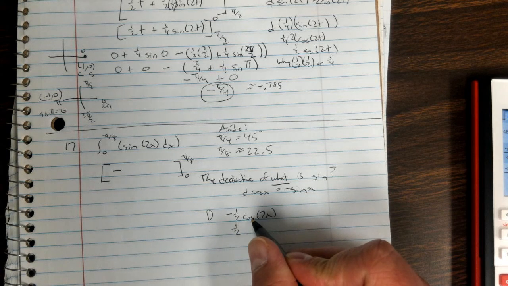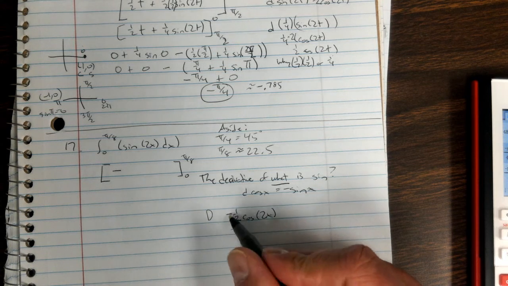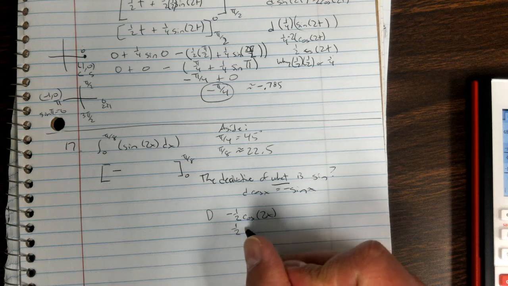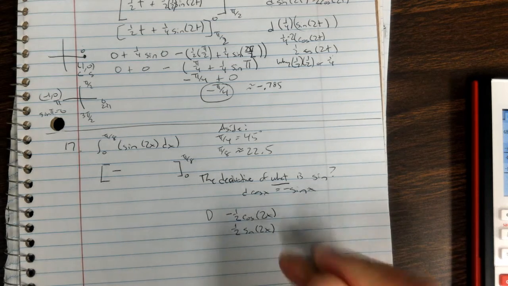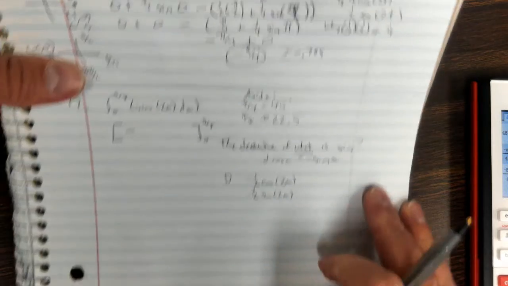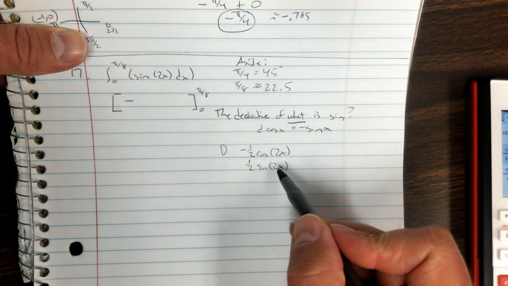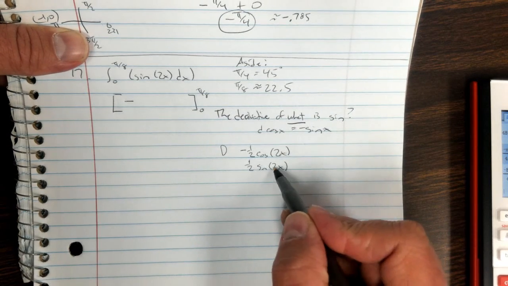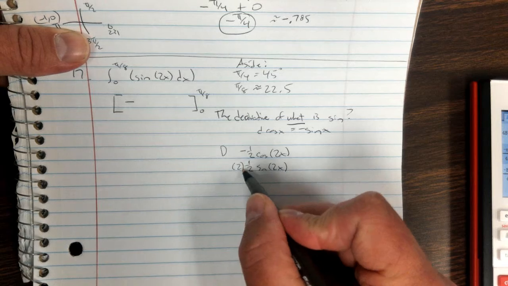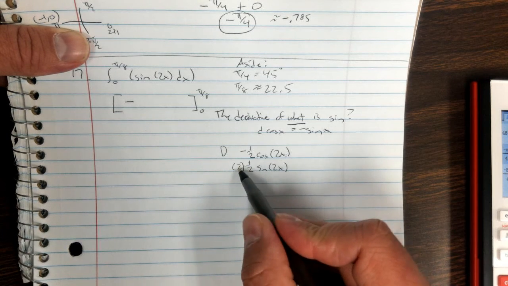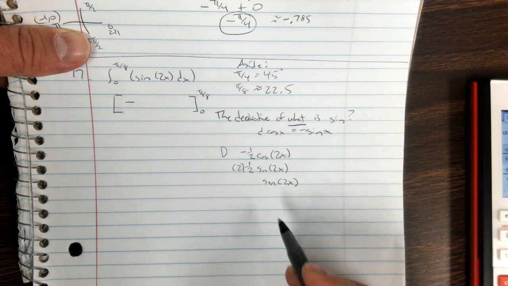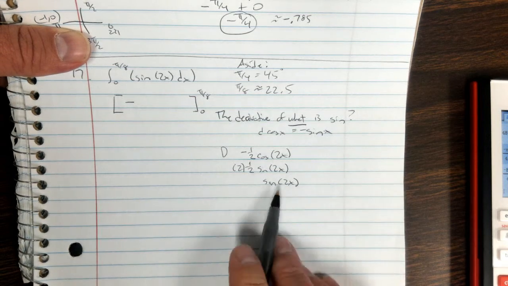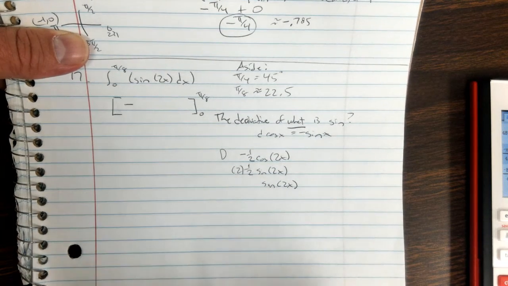Okay, the derivative of cosine is negative sine, so your negatives cancel. And then we have sine 2x. Then we would have to multiply by the number in front of this, and so that's 2. 2 times a half is 1, and so we get sine of 2x. And that's what we actually want.